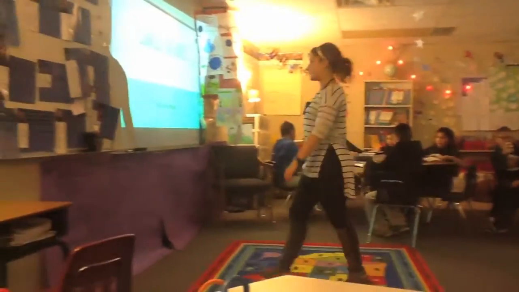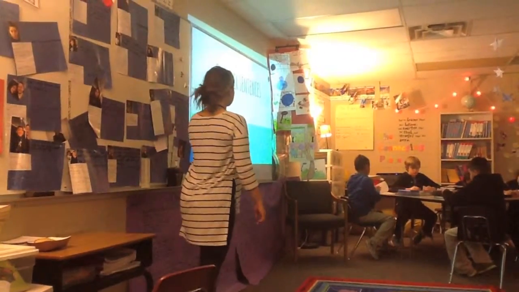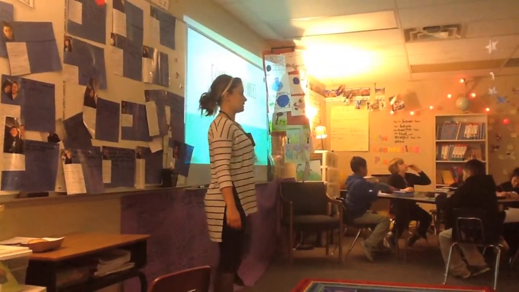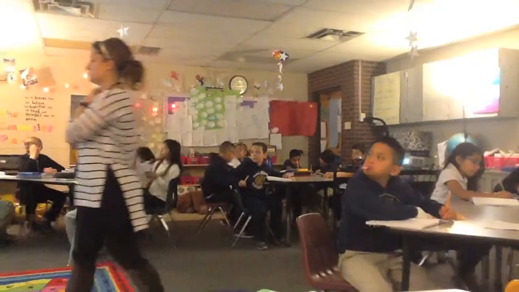So what I want you to do is open up your notebook to the next clean page. I want you to write today's date, which is April 29th. And I want you to title it Complex Sentences. It's spelled right up here for you.